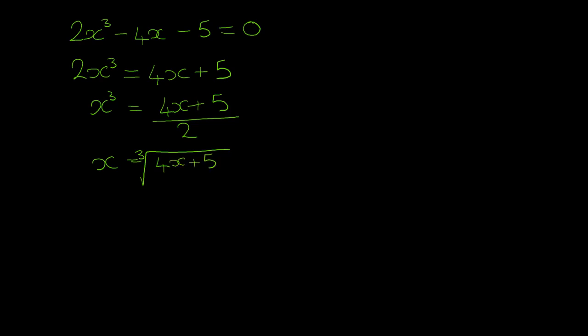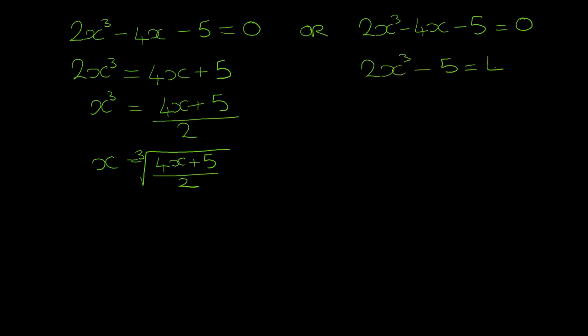Now, an alternate way we could rearrange it would be to get just the little x on its own. So we'd have 2x cubed minus 5 equals 4x, and that then leads to (2x cubed minus 5) over 4 equals x.